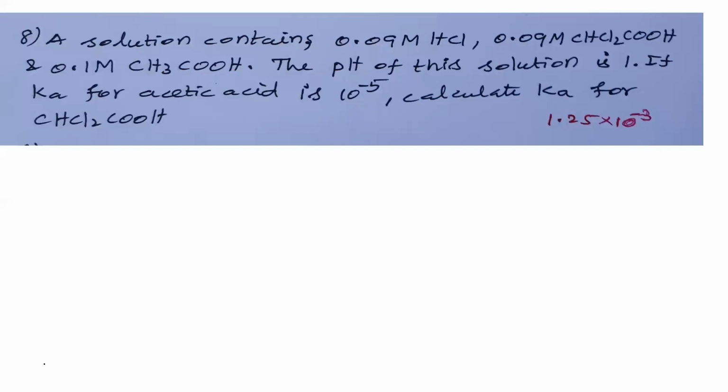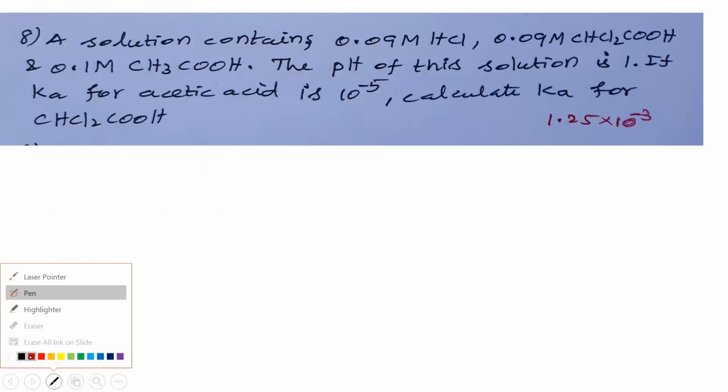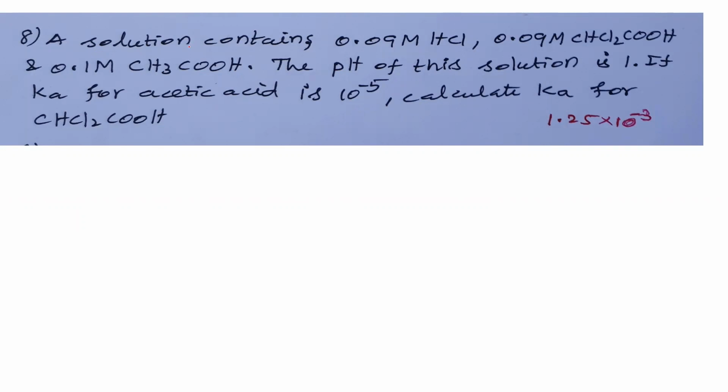Now see this sum. A solution contains 0.09 molar HCl, 0.09 molar dichloroacetic acid, and 0.1 molar acetic acid.